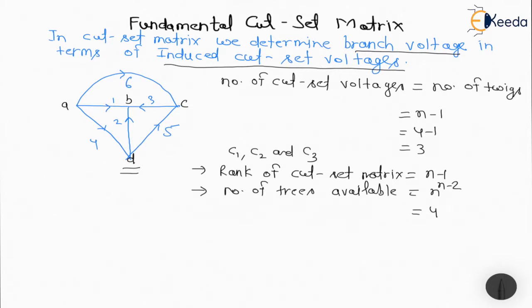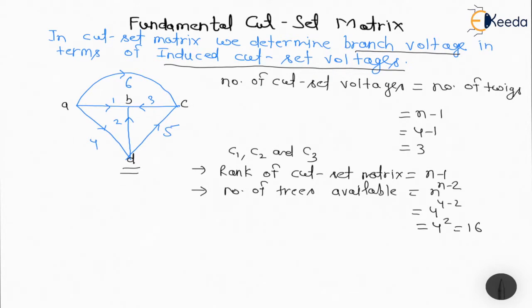Here 4 to the power 4 minus 2, 4 squared, means 16. So we will have 16 trees from this complete graph. It means we can write 16 fundamental cut set matrices.